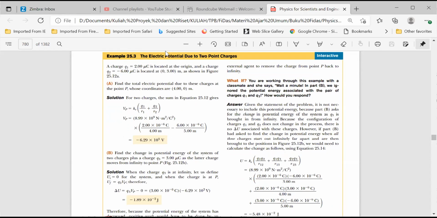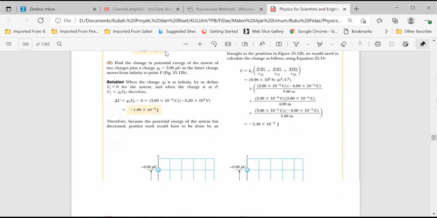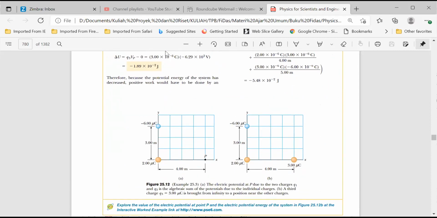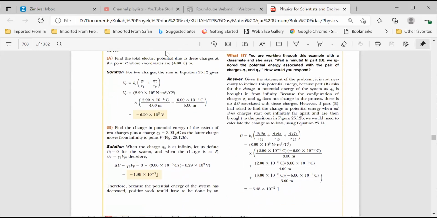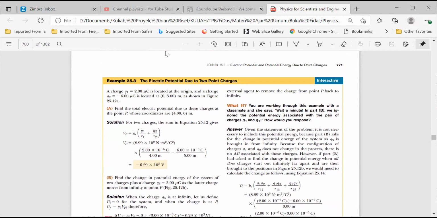We have k_e times Q1 over R1 plus k_e times Q2 over R2. So you should see this one. Okay, any question?